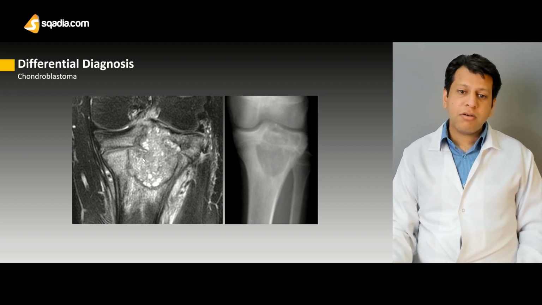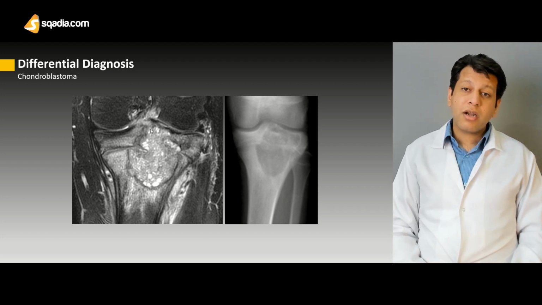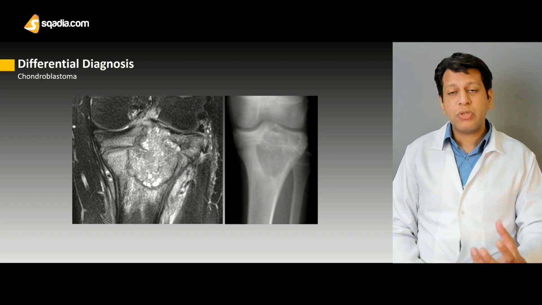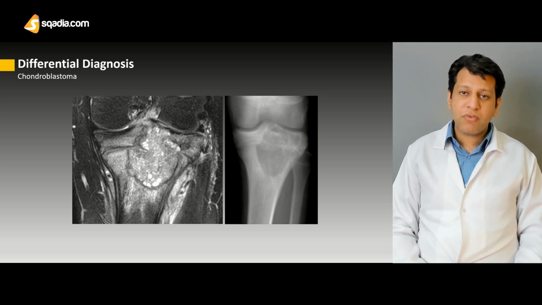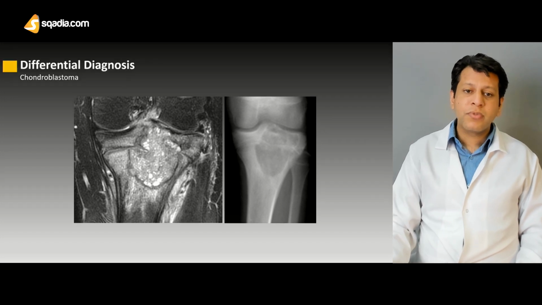And probably on the MRI this is more clearly visible that it's actually protruding into the joint. Therefore, once this cartilaginous kind of a bead goes into the joint, you cannot exactly differentiate just by an X-ray from synovial chondromatosis.